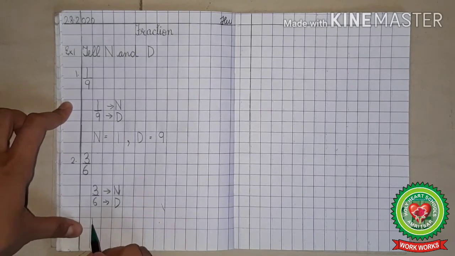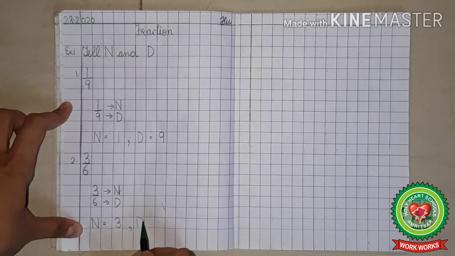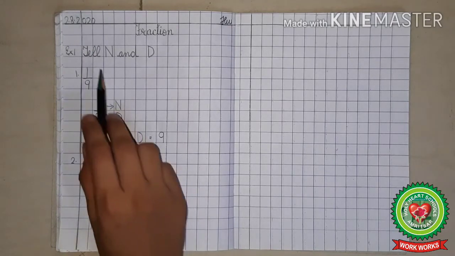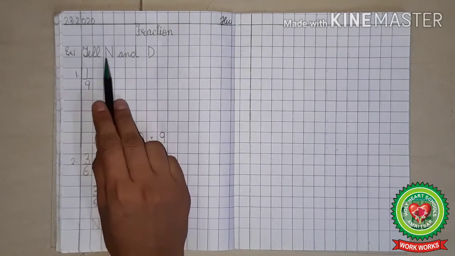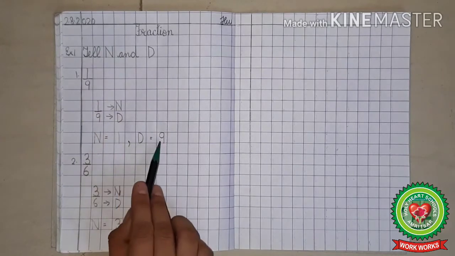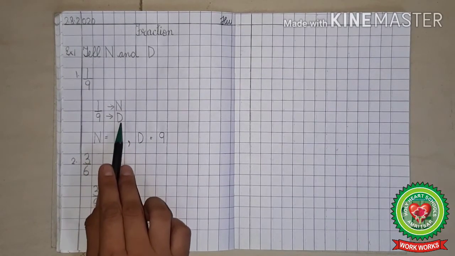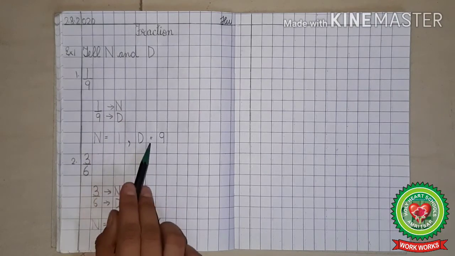Again leave a line. We will properly tell N is equal to 3 and put comma, D is equal to 6, like this. Children, we have to keep in mind what has been asked. Tell N and D, so the answer will be like this. A fraction is given, then we will mark what is numerator and denominator, and then we will write the answer.